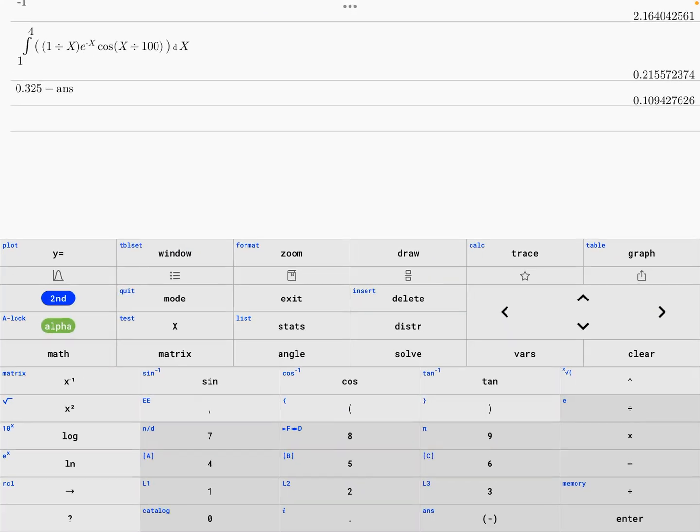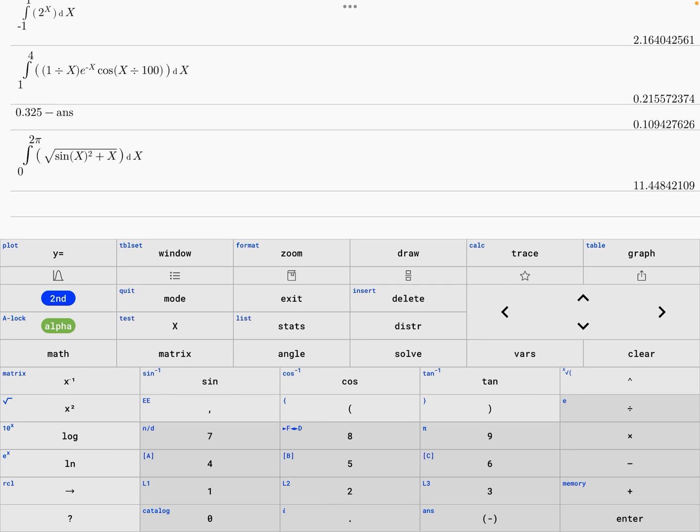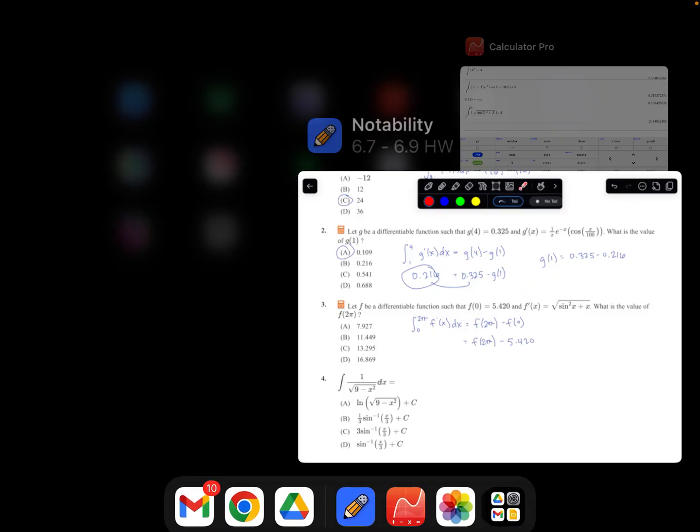So we'll go to math, 0 to 2 pi, and then we're going to do the integral of the square root of sine of x, that needs to be squared, and then we're going to do plus x. And I get 11.448.